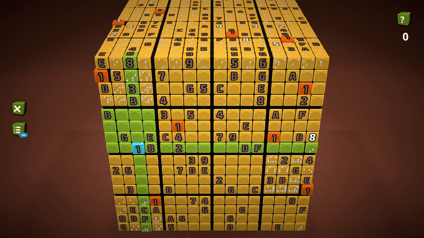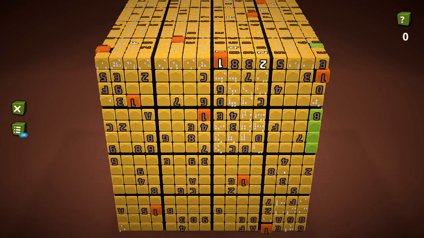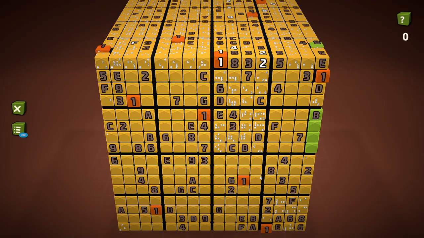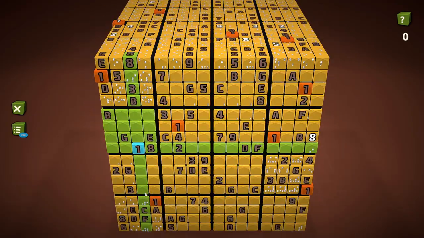Can't be these two big empty areas. Can't be there or there. Alright, one of those ones then.